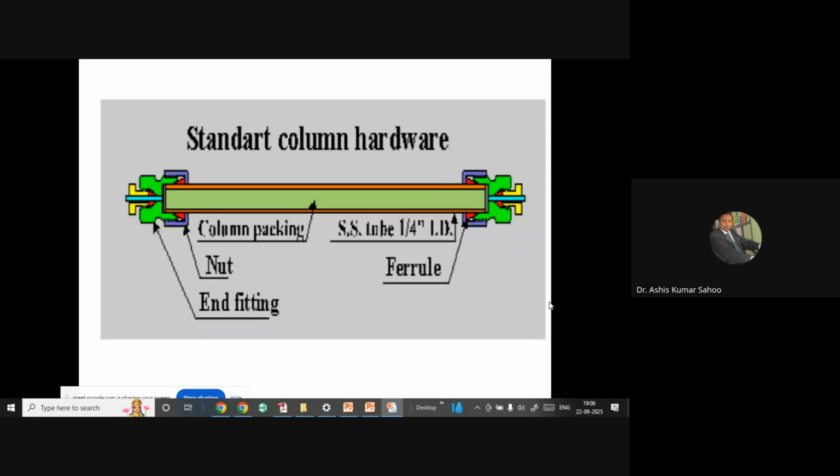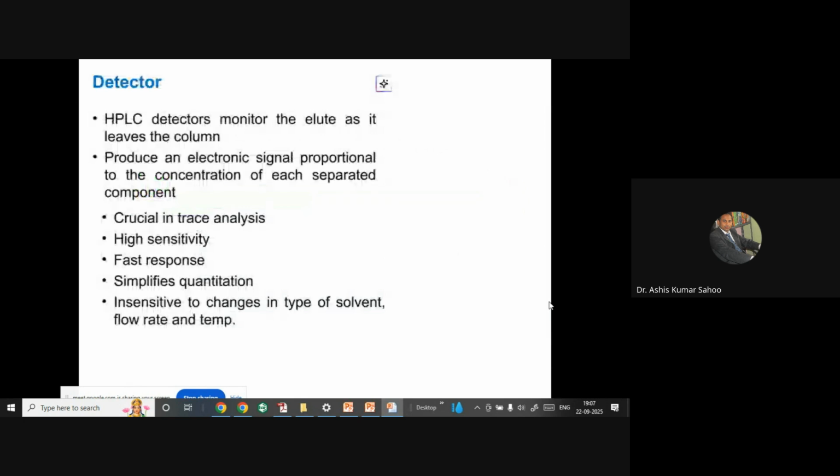The hardware means the column is made out using this. Inside the column the packing will be there, and the nut and end fitting will be there. These are the manufacture of the column.